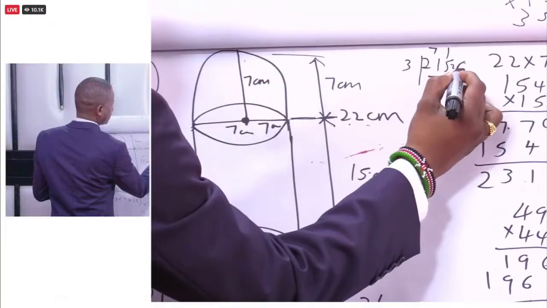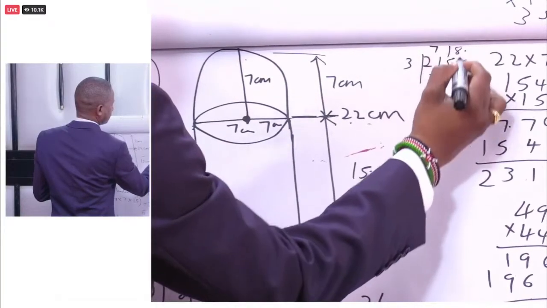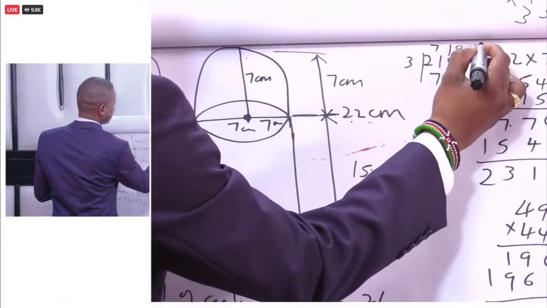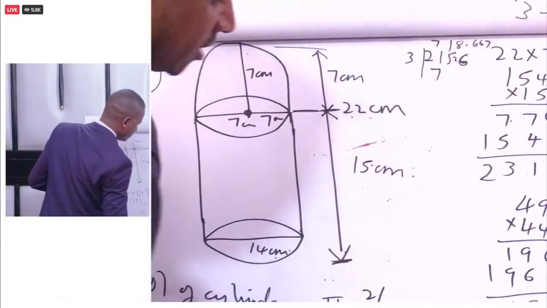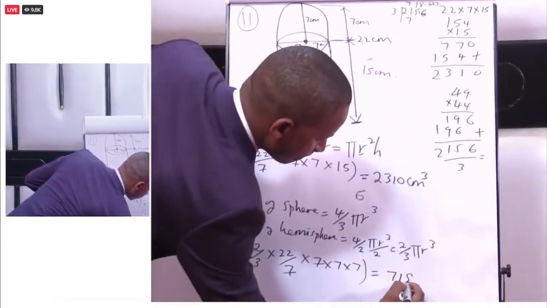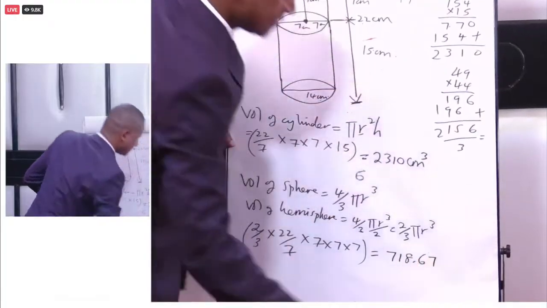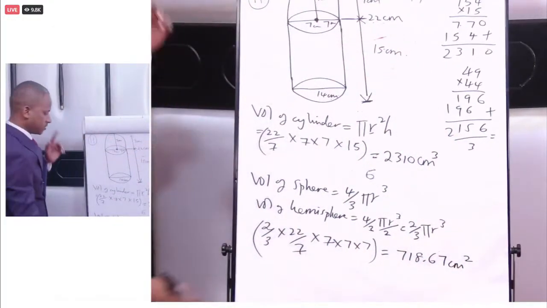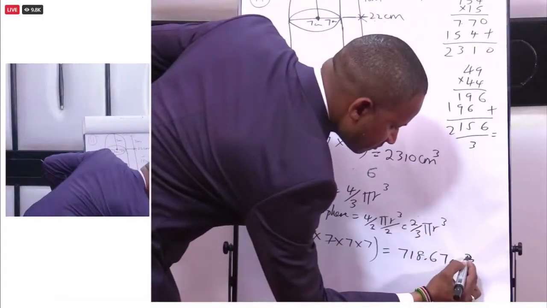Remainder 2 into 26. 8 times. Remainder 2, which is 24 into 26, 6, 7. 718.67 centimeters cubed, because it is a volume.